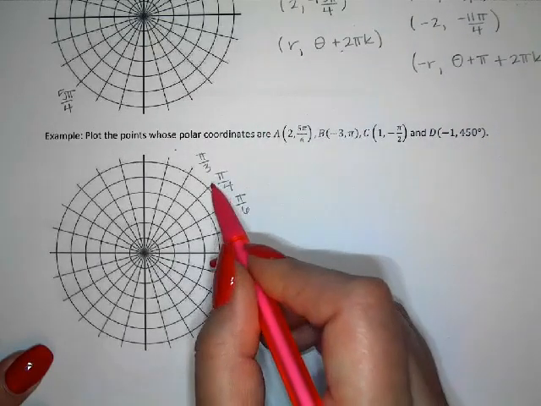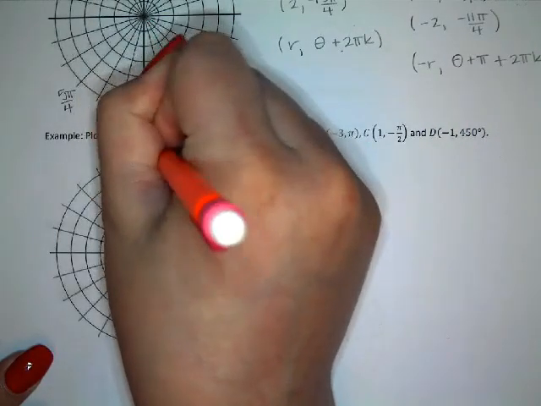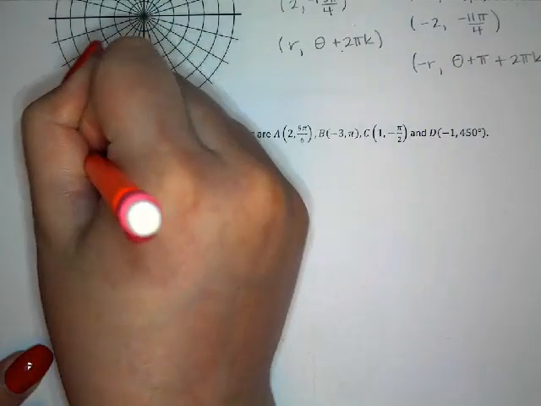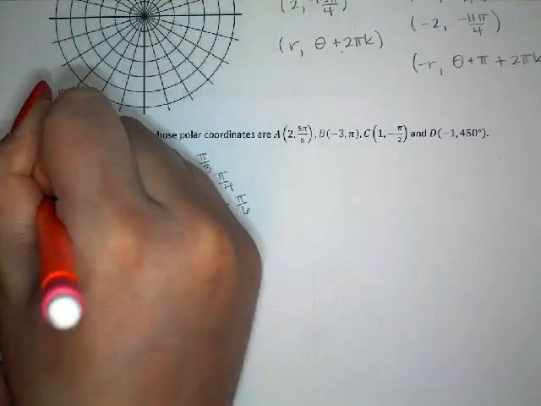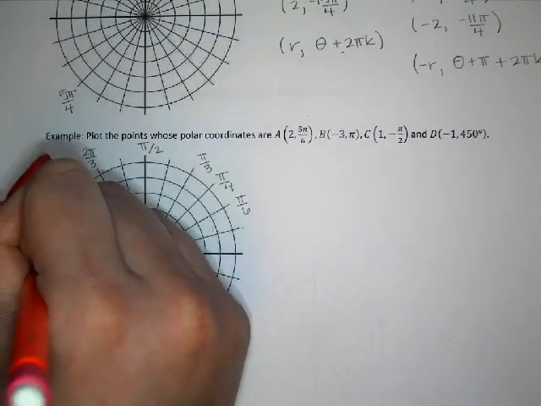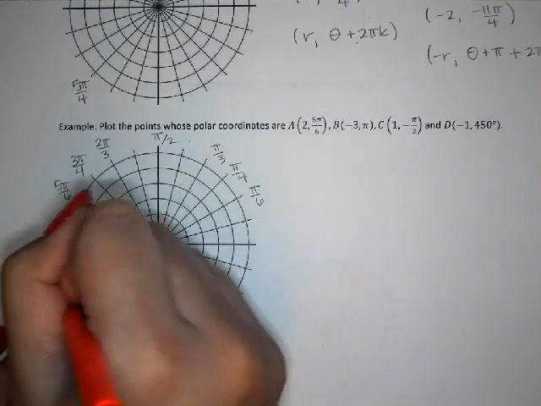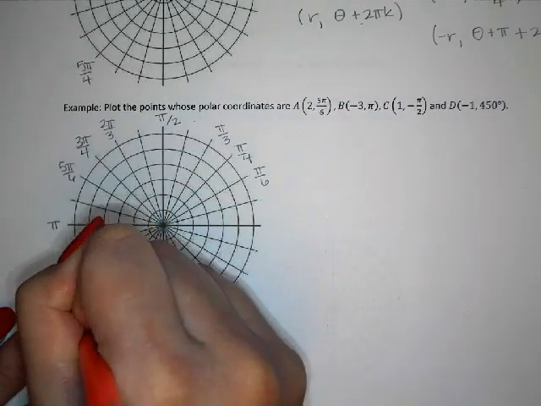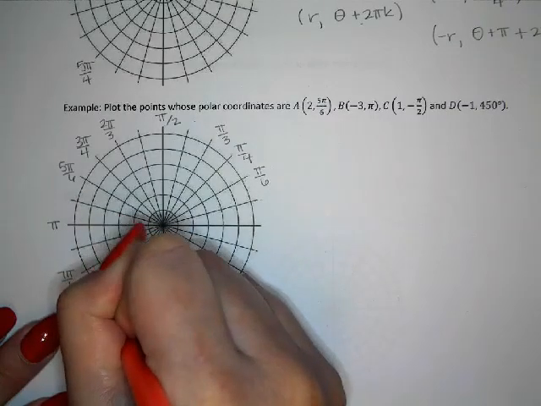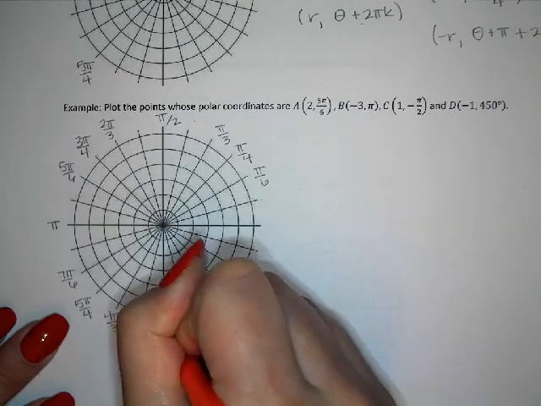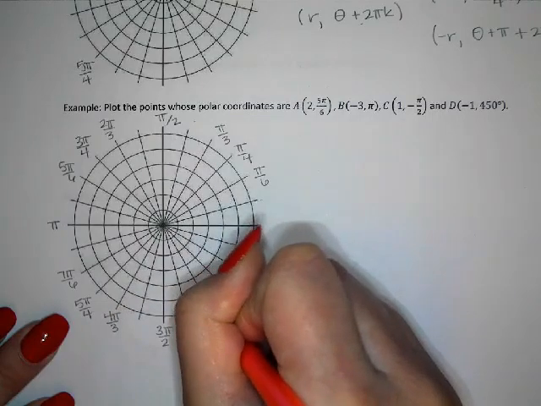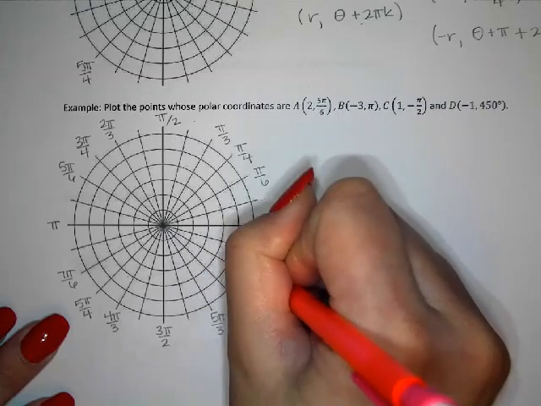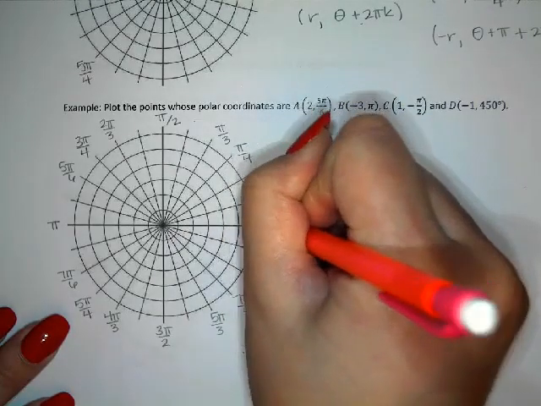So pi fourths, pi halves, 3 pi fourths, this is 2 pi thirds, 5 pi sixths, there's pi, and then we've got 7 pi sixths, 5 pi fourths, 4 pi thirds, 3 pi halves, 5 pi thirds, 7 pi fourths, 11 pi over 6, and then 0 or 2 pi.